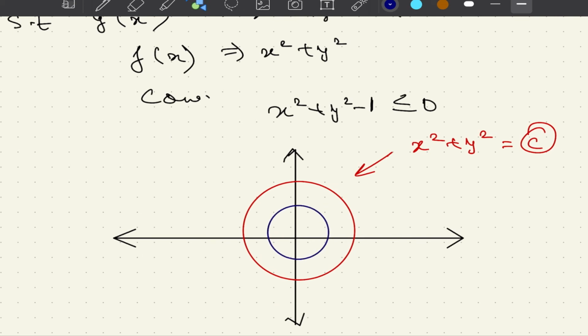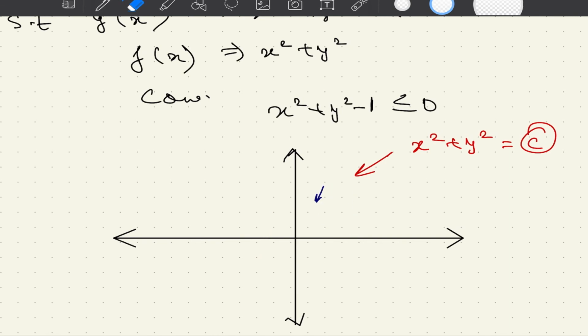If we look into the feasible region, we want to minimize, and we know that the function shown in red would increase outwards, because as we keep drawing circles, the radius would get larger and larger. So our solution space is somewhere towards the center.